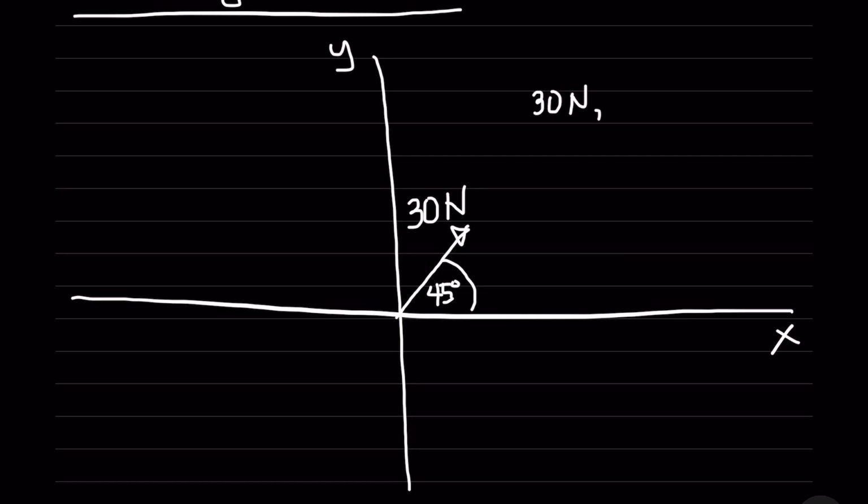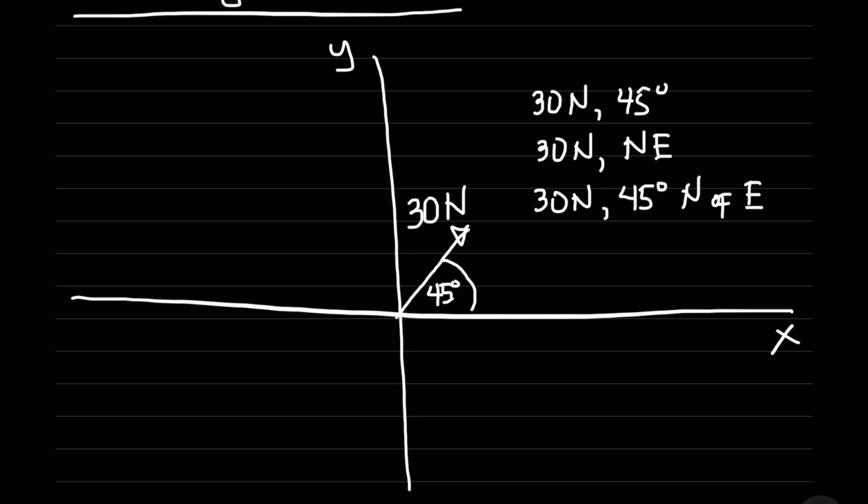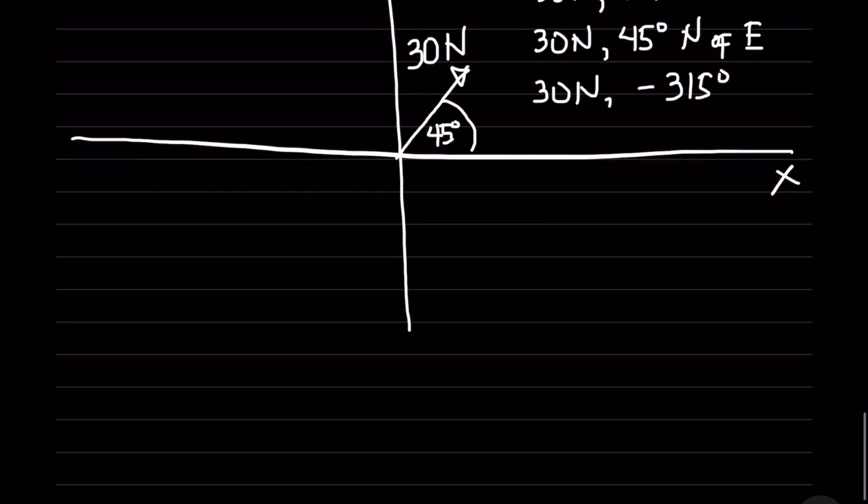We can say this is 30 newtons, 45 degrees. If we don't say anything about the angle, it automatically means that it is measured from the positive x-axis. Now, it could also be northeast, where east corresponds to positive x and north corresponds to positive y, or 45 degrees north of east, or negative 315 degrees if we measure the angle from the positive x-axis clockwise.